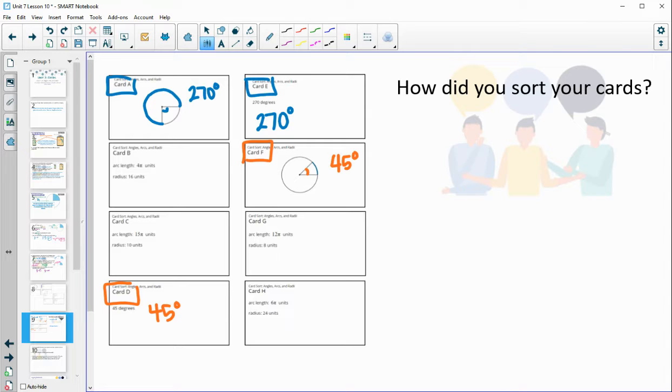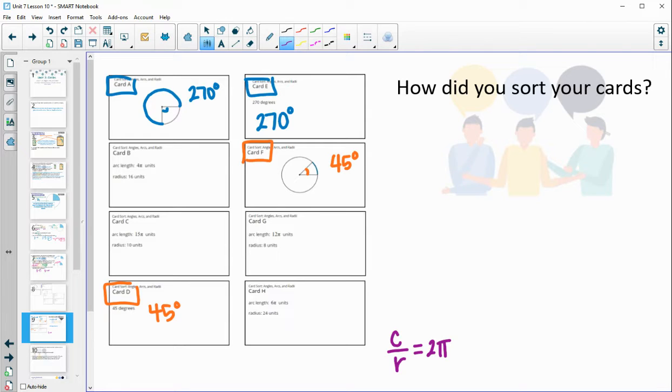And then we were just talking about arc length versus circumference versus diameter. And in this case, they gave us arc length versus radius. So I remember from our discussion before that the circumference divided by the radius is always equal to 2 pi.